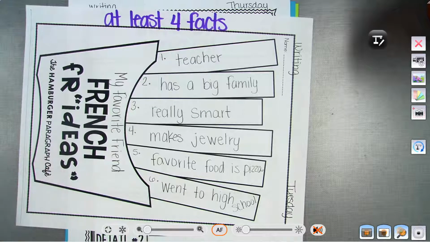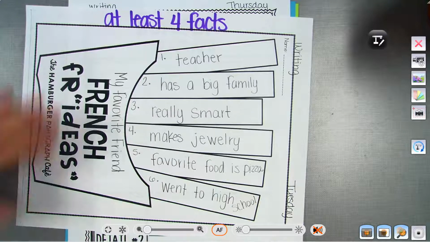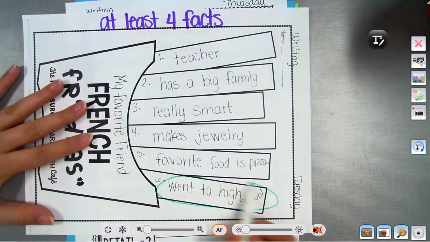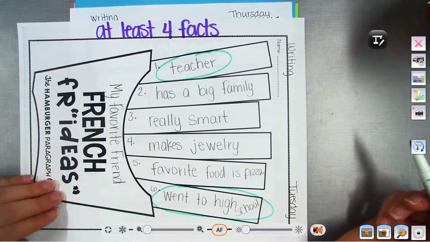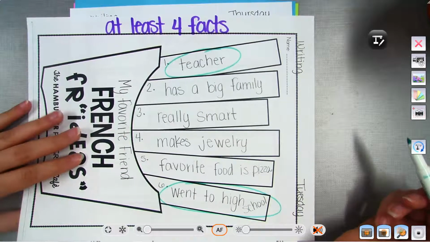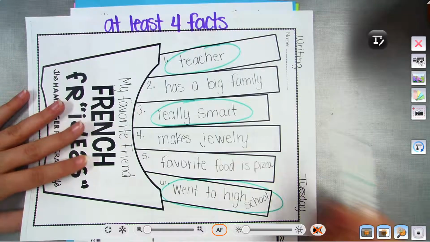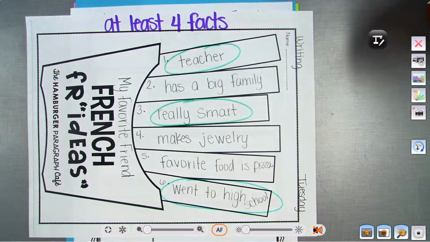So for instance, I want to write about how we went to high school together. She is a teacher. Really smart. Okay, so those are my 3 details that I want to write.